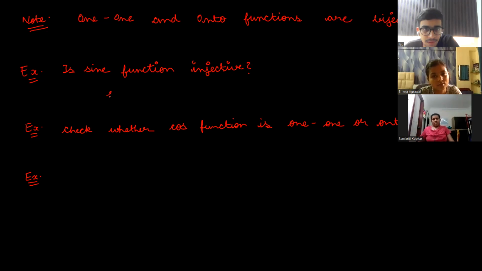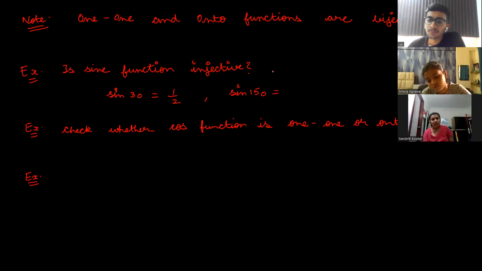So sine 30, if I take sine 30, what is the value? 1 by 2. If I take sine 150, what is the value? 1 by 2. So for two different values of x, I'm getting the same value of y.